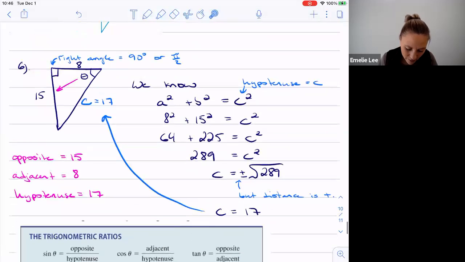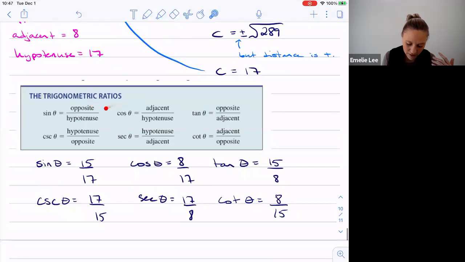As long as you're able to find all 3 sides, then you can solve for all of these trigonometric ratios. Are there any questions? I'll stop this here.